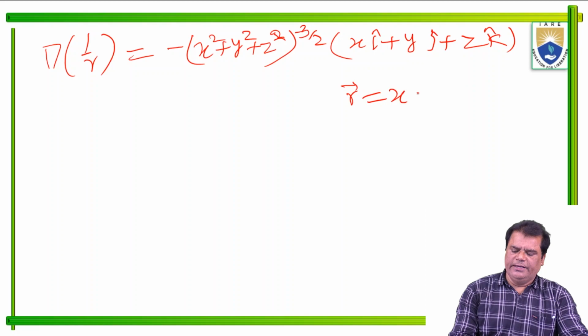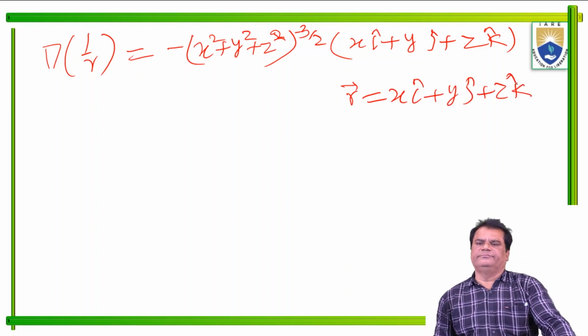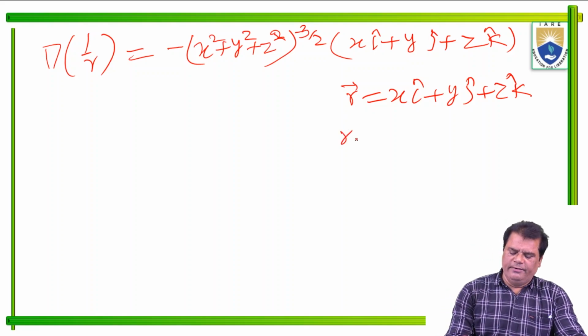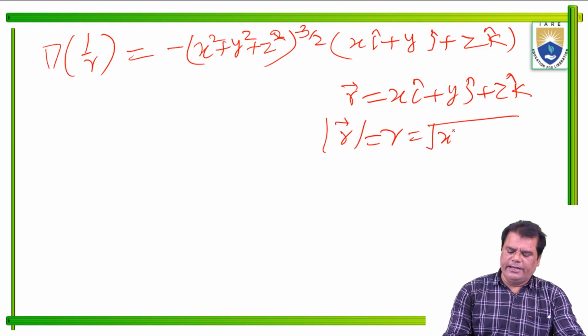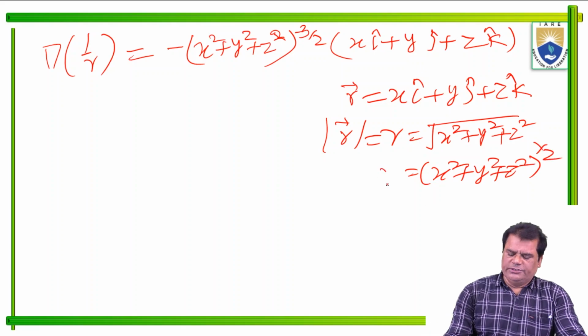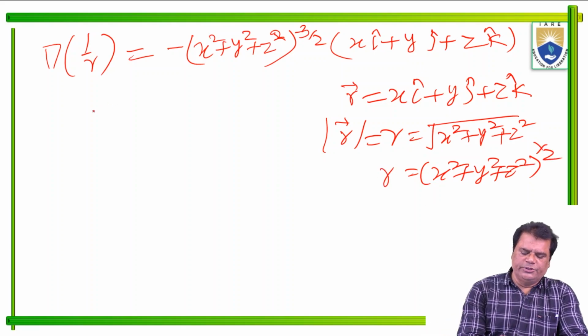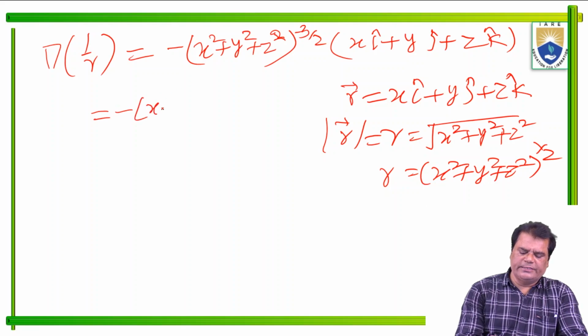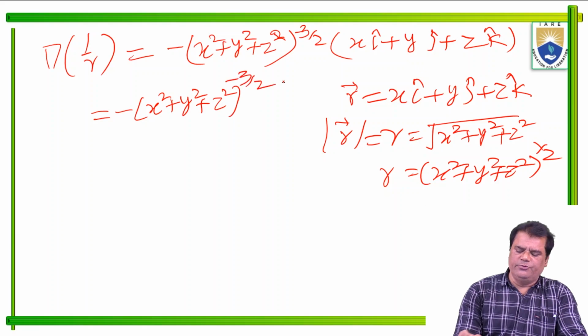The vector r is xi plus yj plus zk, and the mod of vector r is r, which is under root x square plus y square plus z square, that is (x square plus y square plus z square) whole to the power half. So putting this value here, this equals minus (x square plus y square plus z square) to the power minus 3 by 2, and this is vector r.